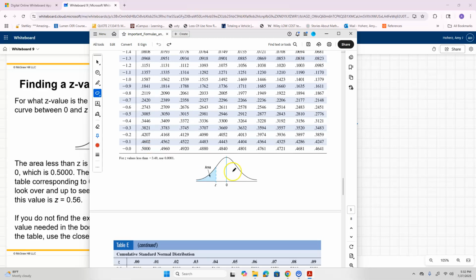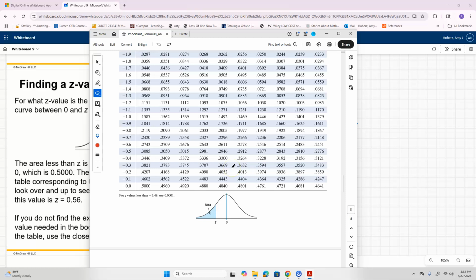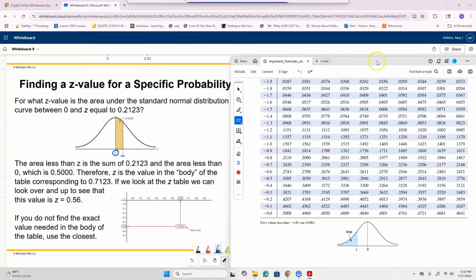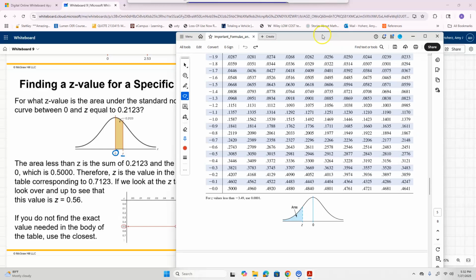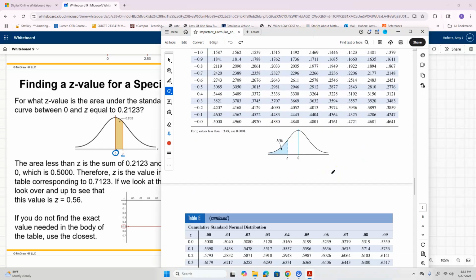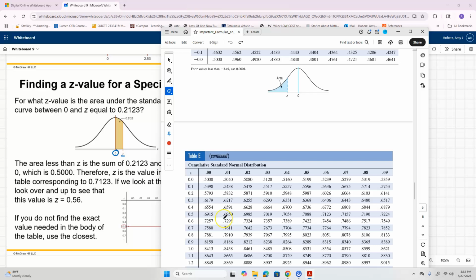We're going to look inside what I call the body of the chart, and try to find as close as we can to 0.7123. As close as we can. Now in this case, they were nice and gave us one that falls exactly. It doesn't always do that. So in this case, we've got 0.7123 right here.